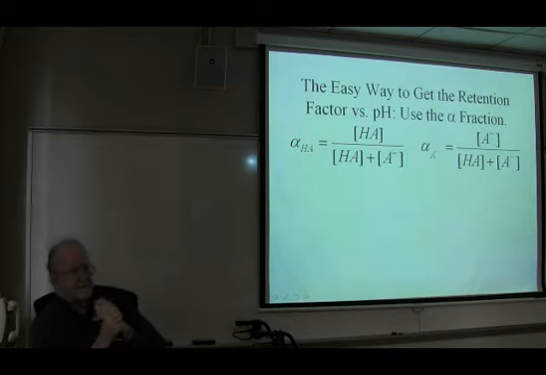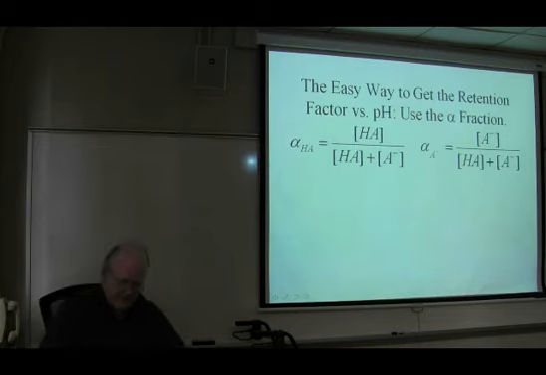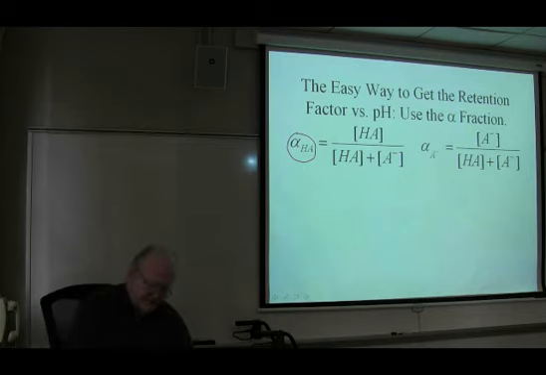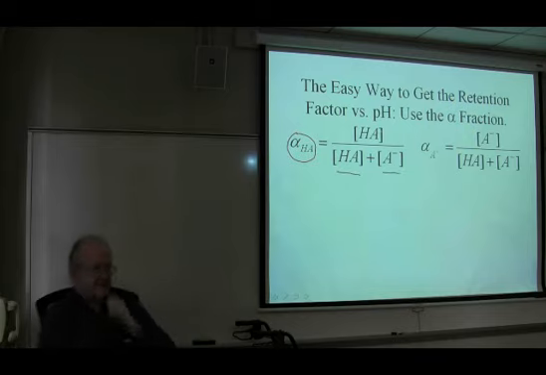In my opinion, the simplest way to understand this is in terms of what we call in quantitative analysis courses the alpha fraction. So the alpha HA fraction, that's the fraction of the monocarboxylic acid that's in the HA form, would be the ratio of the concentration of HA at equilibrium to the sum of the HA and A minus concentration at equilibrium.